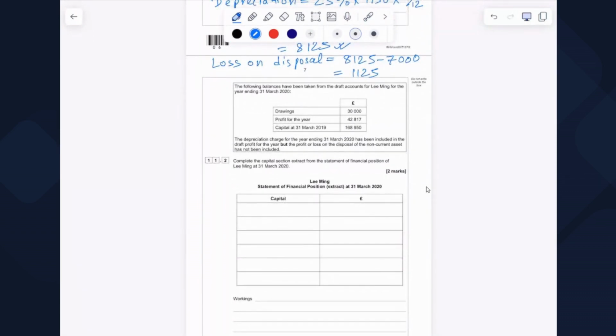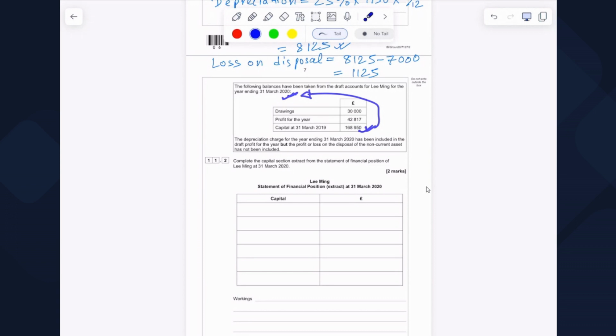So let's move to the second part of the question. The following balances have been taken from the draft accounts for Leeming for the year ending 31 March 2020. As you can see, we are given the drawings, the profit for the year, and the capital at 31 March 2019. Again, this capital at 31 March 2019 refers to the closing capital from previous year, when our concern is 31 March 2020, which means this closing capital from previous year would now be the opening capital in the new year.